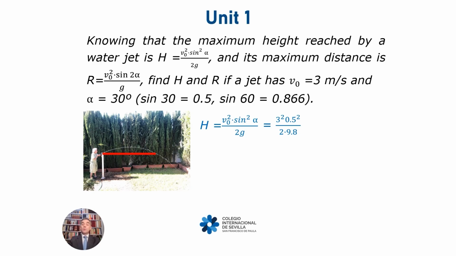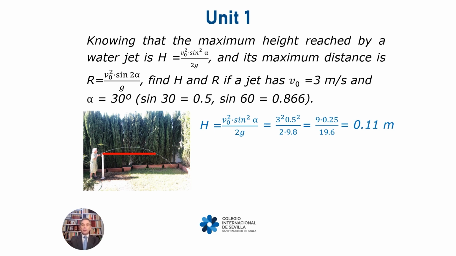And now we proceed with that calculation. 3 squared is 9, 0.5 times 0.5 is 0.25, and twice 9.8 is 19.6. When we solve that calculation, we find that the maximum height is 0.11 meters or 11 centimeters.